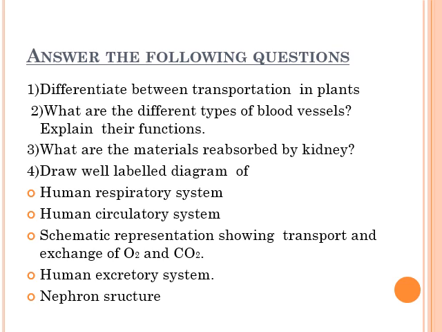The first question says differentiate between transportation in plants. Now transportation in plants is done by the xylem and phloem. As we know, xylem is responsible for the conduction of water and minerals, and phloem is responsible for the conduction of the food which has been formed from the process of photosynthesis. In xylem, transpiration plays a very important role in conduction of water from the root to the various parts of the plant.